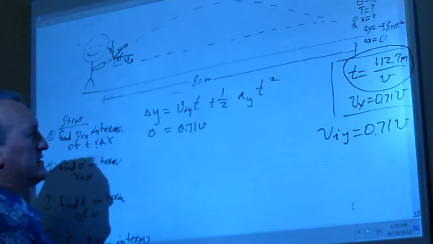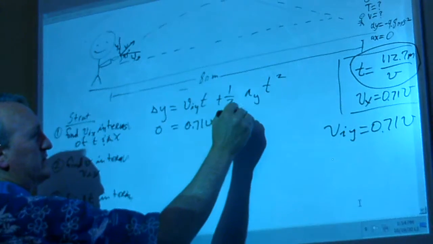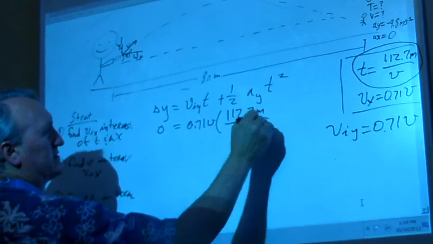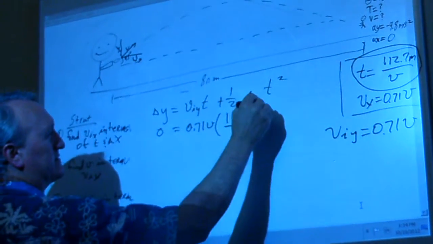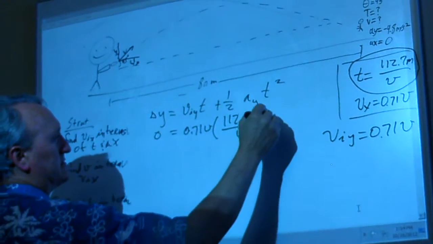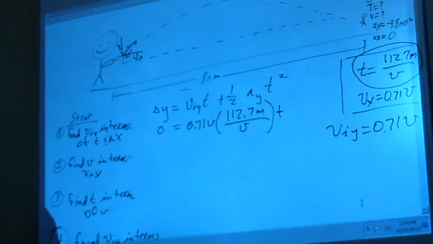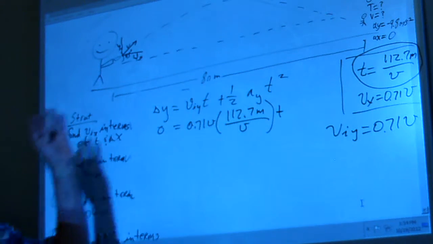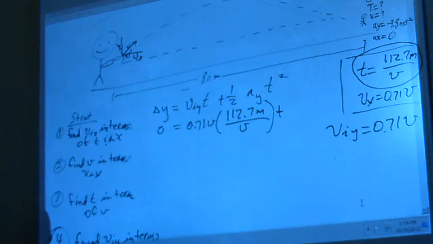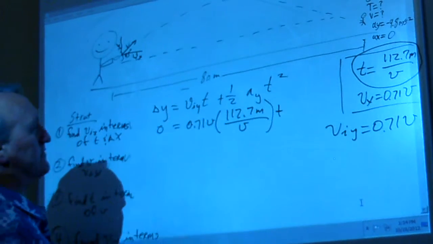So it's 112.7 meters over V, plus, running out of room again. I need a bigger board, don't I? Now I know why they have those things that go all the way around the classroom. All right, so 1/2.